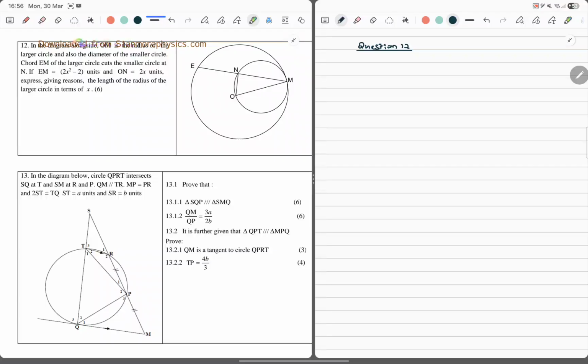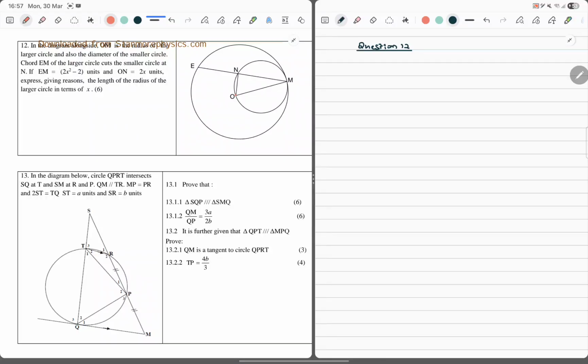Anyway, the statement reads, in the diagram alongside OM is the radius of the larger circle. Okay. So this is the radius of the larger circle, to mean that O is the center, right?